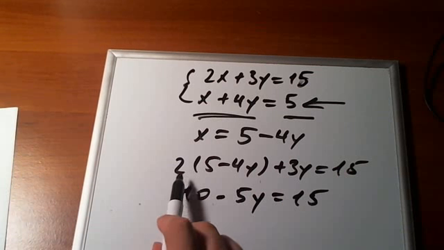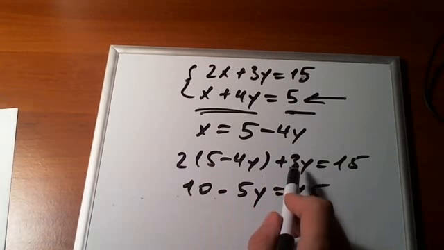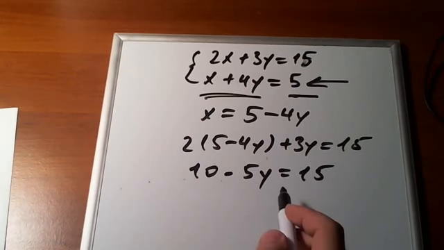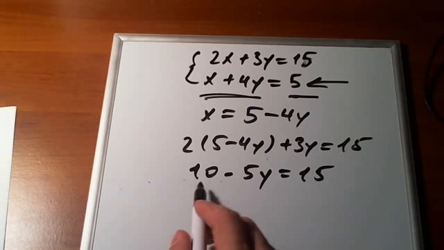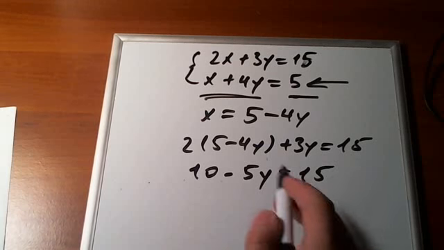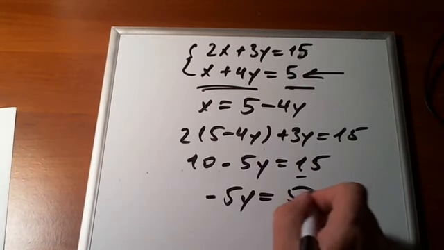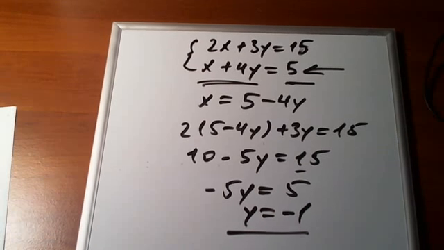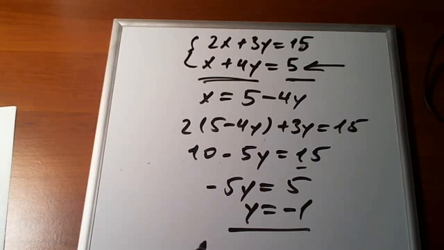What I did here is 2 times minus 4y is negative 8y, plus 3y is negative 5y. It's all equal to 15. Okay, we'll just subtract 10 from this side and from this side as well. We'll have minus 5y is equal to 5. Y is equal to negative 1. And you should be able to do this real quickly now.